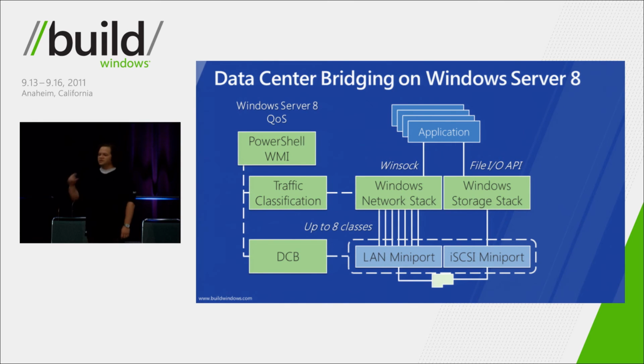Now, also at the same time, you can push a policy into the DCB part here that allows you to tell the NIC how much bandwidth to give one of these classes of traffic. So depending on your network adapter, the network adapter determines how many classes of traffic it supports. You can have up to 8 traffic classes. Now, Windows has a great traffic classification story.